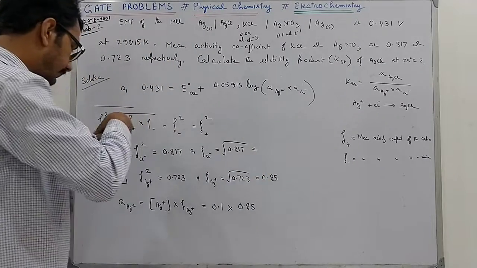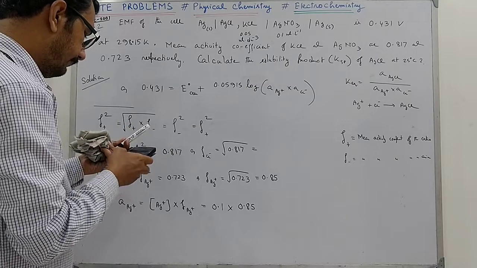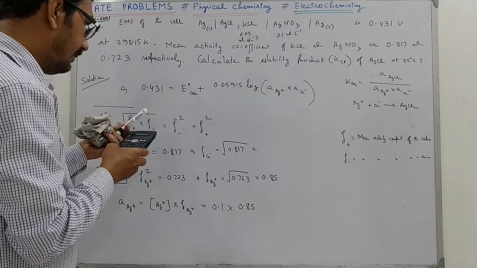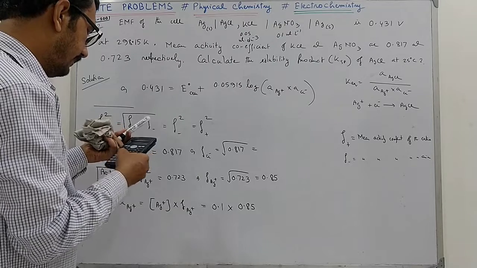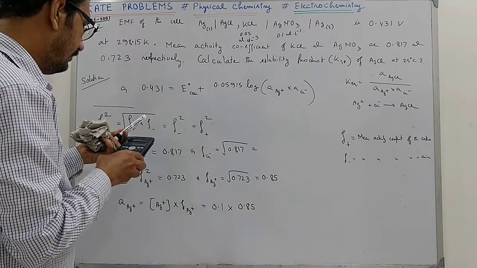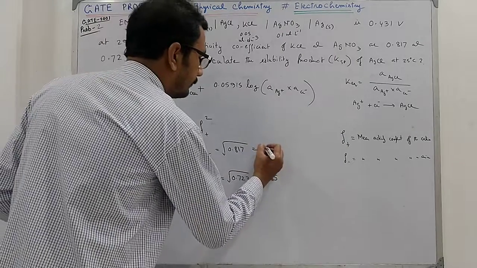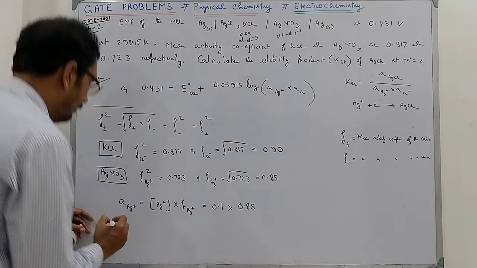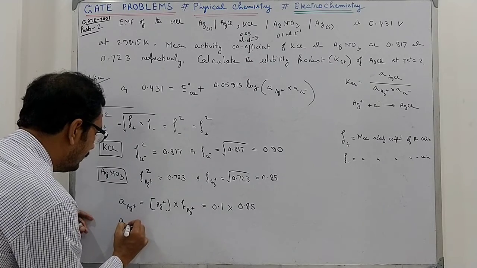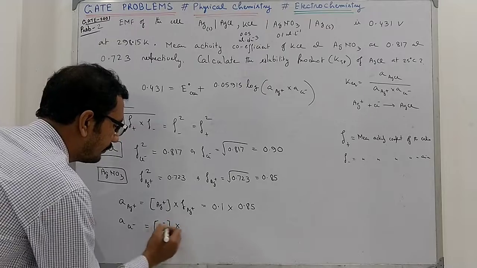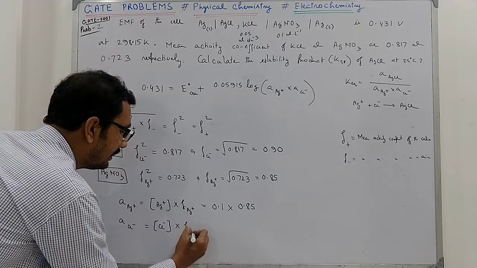Now here it will be root over 0.817, so it will be 0.90. Now similarly, the activity of Cl minus will be the concentration of Cl minus into its activity coefficient.